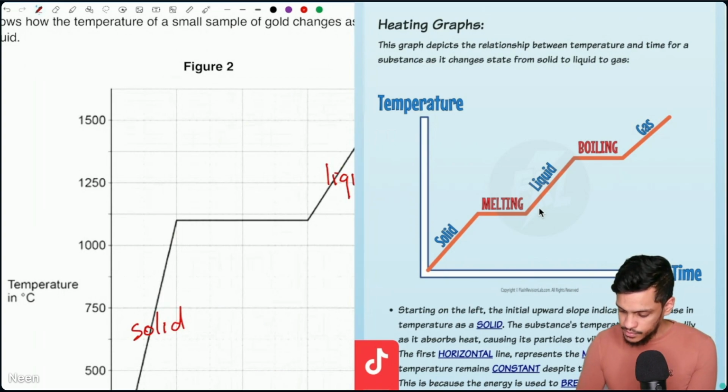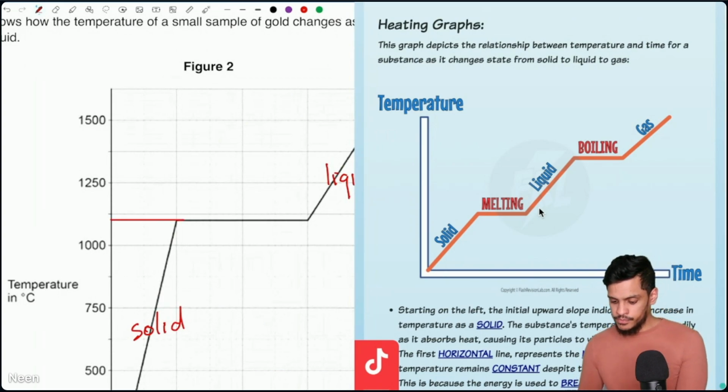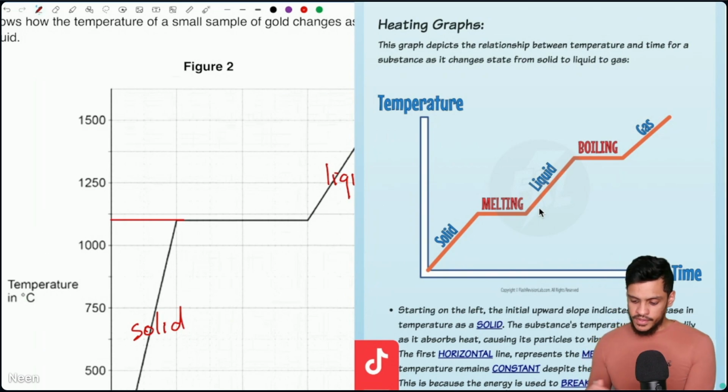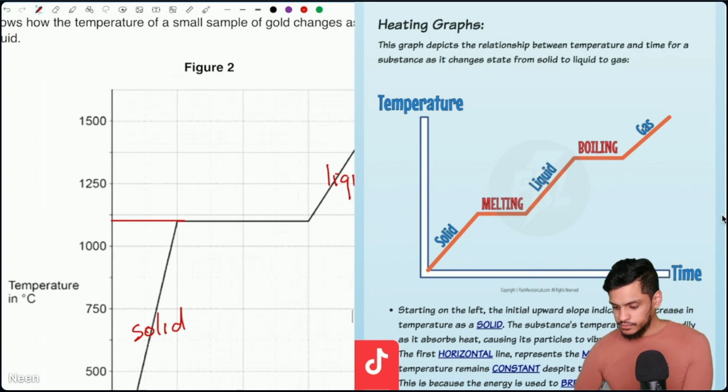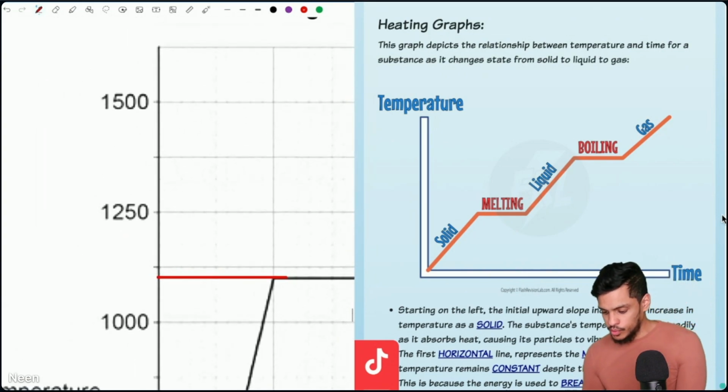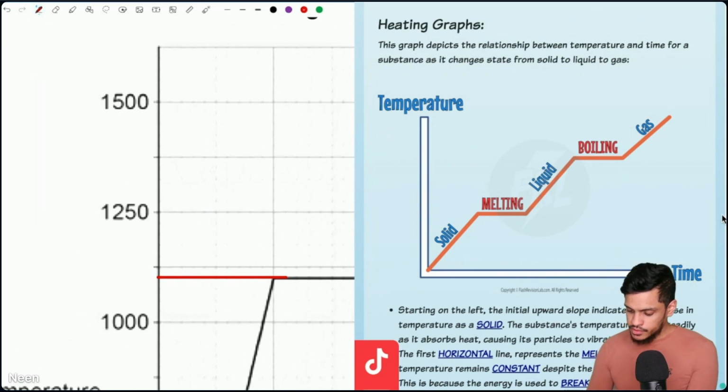So what we need to do is read off the graph here. What number is that, do you think? Again, it's a bit awkward, these numbers. So we've got 10 squares. 10 squares represents 250.